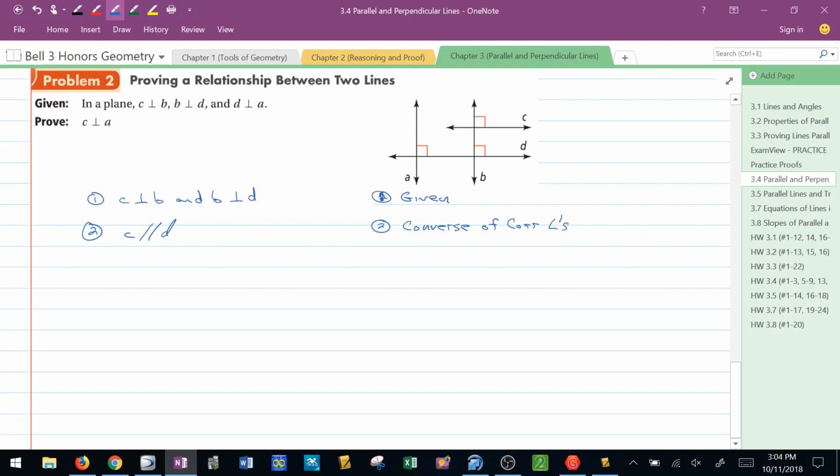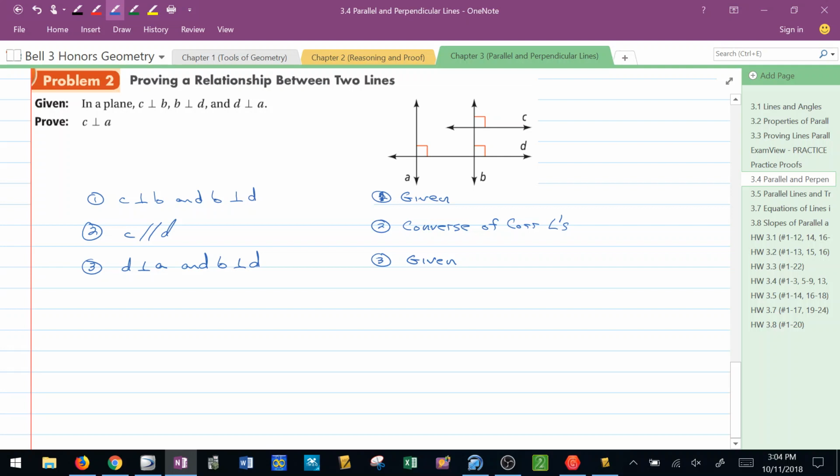All right. I also know that D is perpendicular to A, and I'm going to state it again, even though I don't need to, that B was perpendicular to D. All right? The reason is that's given.